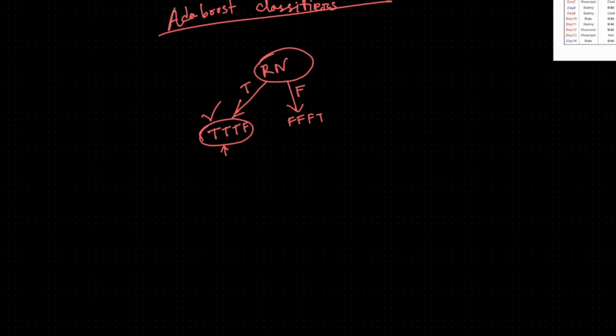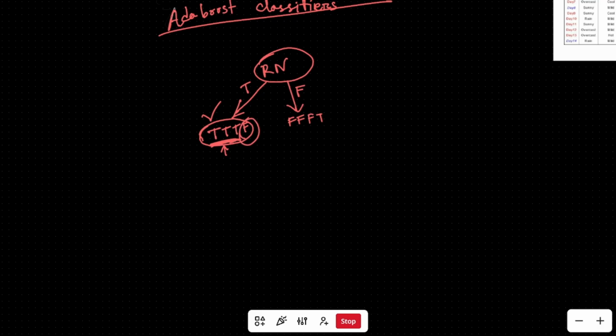Here you can see there are 3 true and 1 false. So you can decide that the result must be true, but there is one misclassified data. You have to determine misclassified data this way. Then here there are 3 false and 1 true.